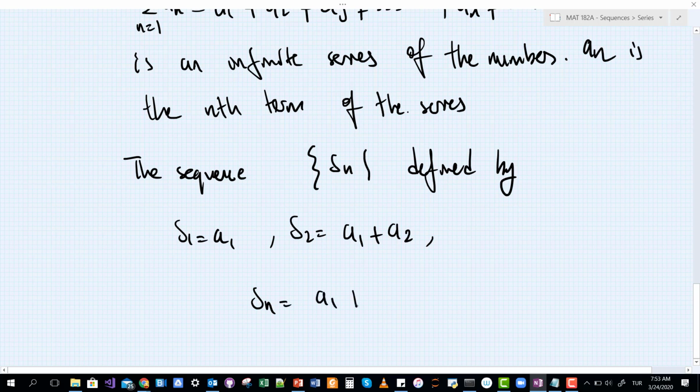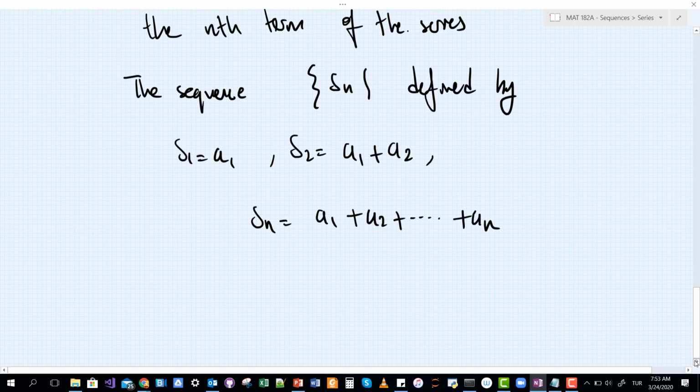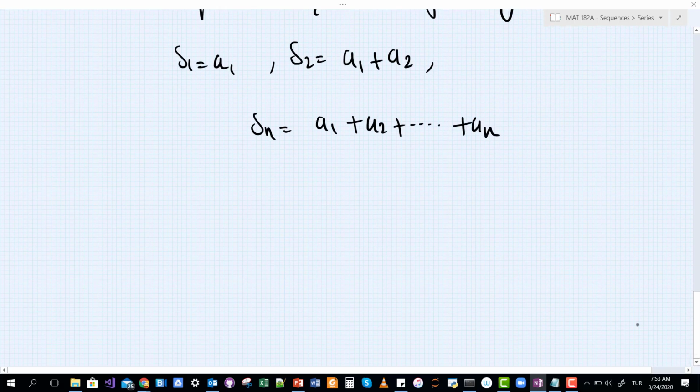Sn is equal to A1 plus A2 up to An. I can use this notation as well to represent what Sn is: the sum of A K, with K starting at 1.